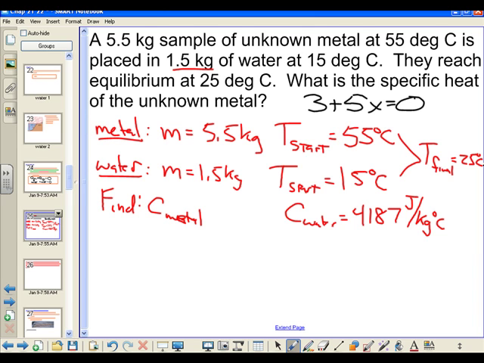Which means whatever heat the water gains plus whatever the metal loses is equal to 0. Remember, I'm going to take a cup and put this hot metal into the cup of water. The metal's going to lose energy to the water till they reach equilibrium. But whatever energy the water is gaining, the metal is losing.